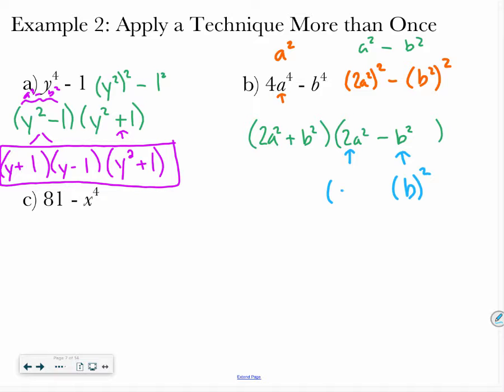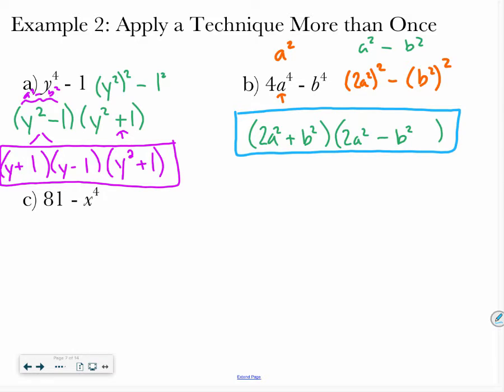I could do my a squared, but I can't really easily find a number for my 2. I would end up doing like the square root of 2. That doesn't work out nicely. So once you hit a number that you can't easily do like the square root of, you leave your answer. So we have this whole thing as our answer.